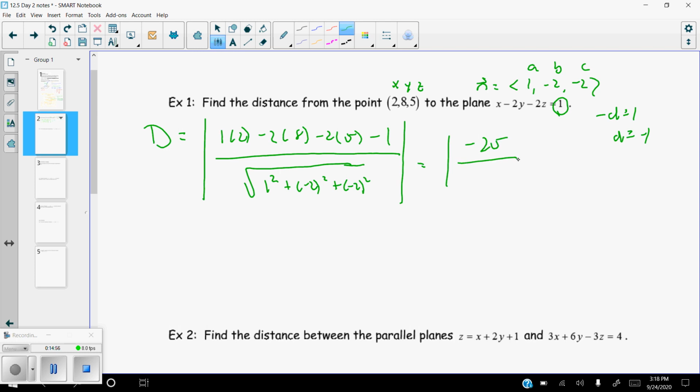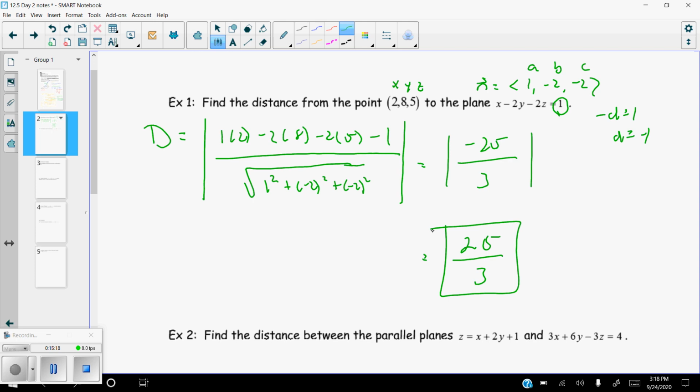And then the denominator is going to be the square root of 1 plus 4 plus 4, which is the square root of 9, so it's 3. And you see how we got a negative value. That's why we use the absolute values there, because the distance between that point and that plane is 25 thirds.